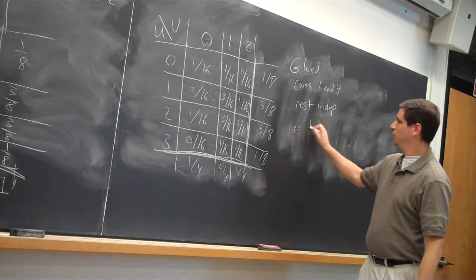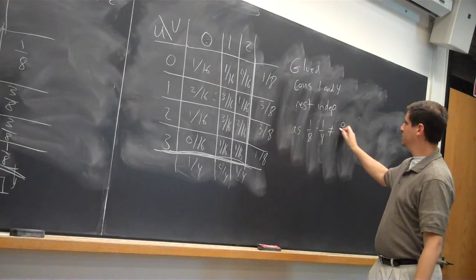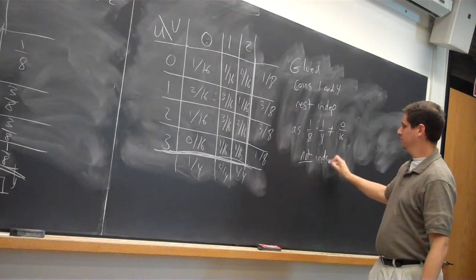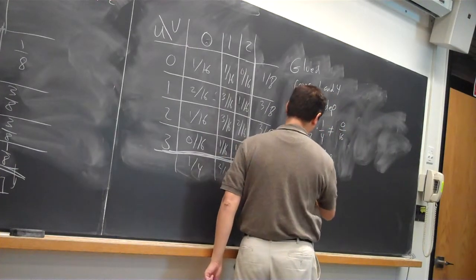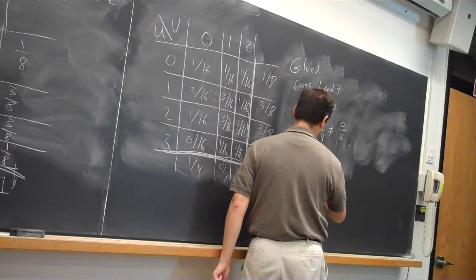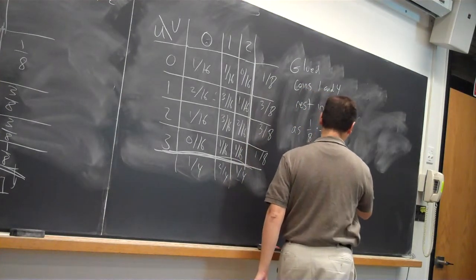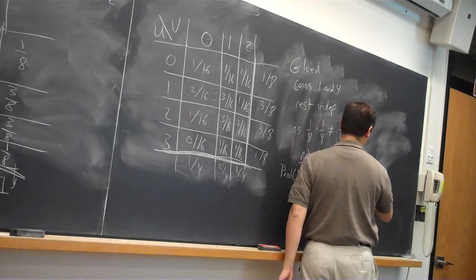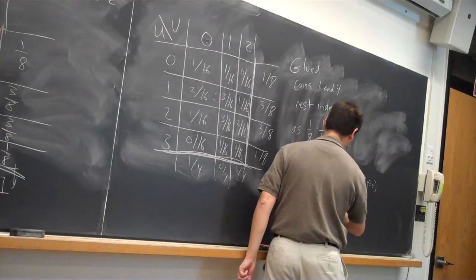So as 1/8 times 1/4 does not equal 0/16, not independent. So here, the probability that X equals x and Y equals y is the probability that X equals x times the probability that Y equals y, if independent.